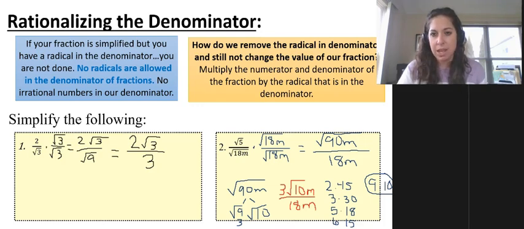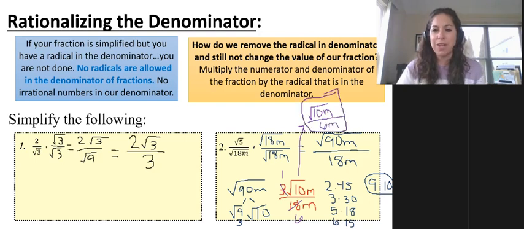The 10 and the m we can't reduce with because they're under the square root. 3 goes into 18 6 times. So my final answer here is square root 10m, all under the square root, all over 6m. There you go. If you have any questions or need anything, please don't hesitate to ask your teacher.